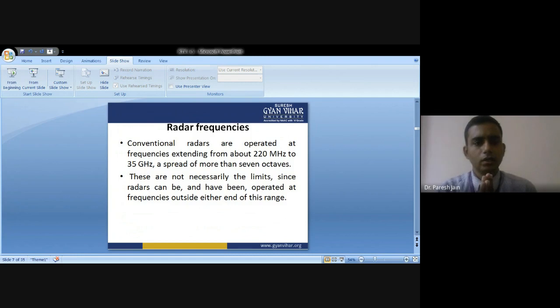These are not necessarily the limits, since radar can be and has been operated at frequencies outside either end of this range.